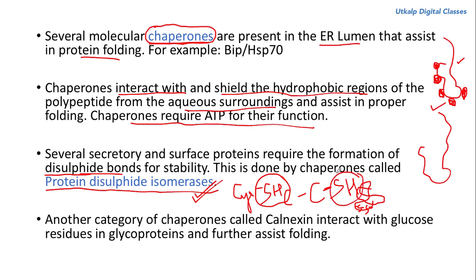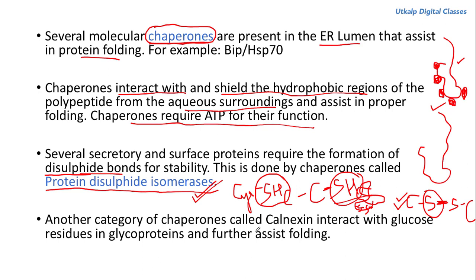The hydrogen is removed, and once the hydrogen is removed, you get this form: one cysteine with one sulfur and the other cysteine with the other sulfur, and these two sulfurs bond together to form a disulfide linkage. This is possible only in an oxidizing environment, because an oxidizing environment is going to convert the sulfhydryl group to the sulfide group.